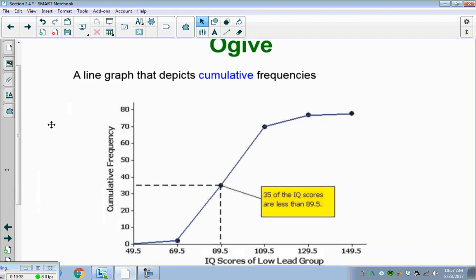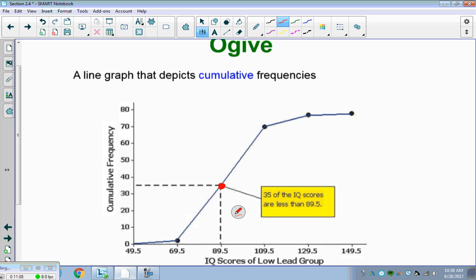An ogive graph is one that is cumulative of the frequencies. So as the example says here, if I look at this particular point, it's at 35%. So I know that 35 of the IQ scores are less than 89.5.